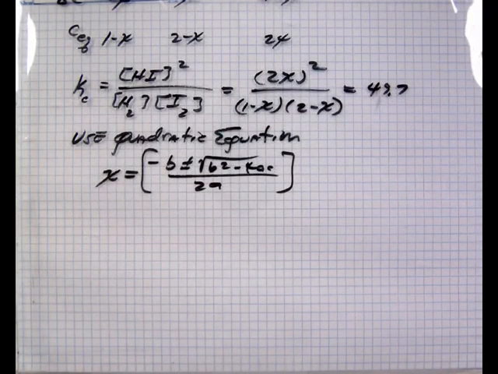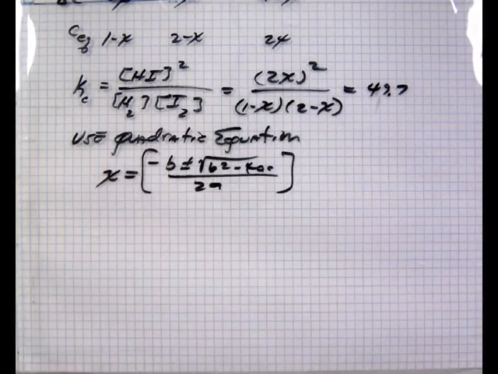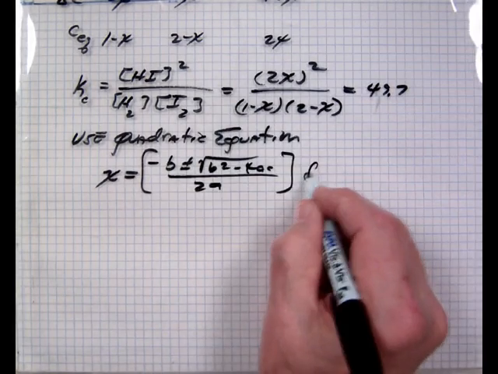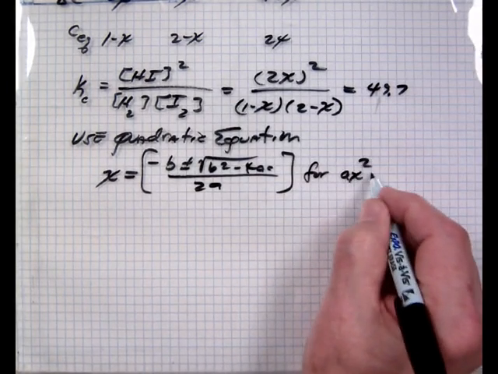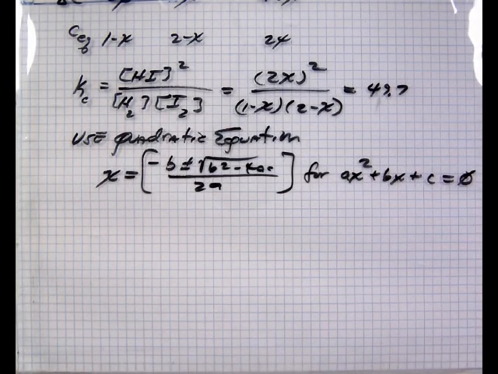Now, to make a long story short, I worked this out. This expression right here is for ax squared plus bx plus c equals 0. Everybody knows that, I hope.